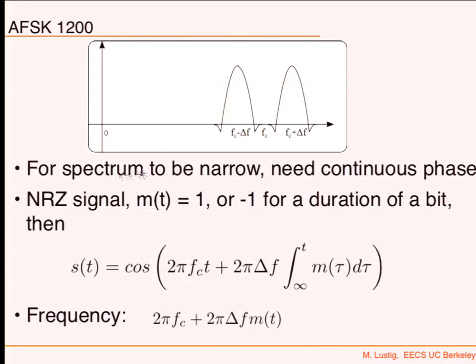Okay, so for the spectrum to be narrow, we need continuous phase. The NRZ signal, non-return to zero, is either 1 or minus 1 for a duration of 1 bit. If it's 1200 bits per second, then 1 bit will be 1 over 1200 seconds.